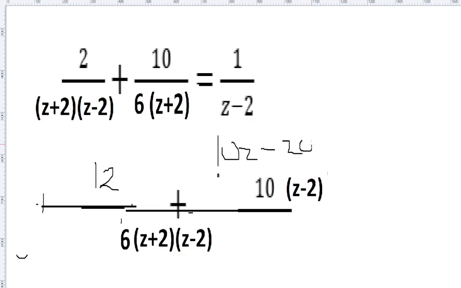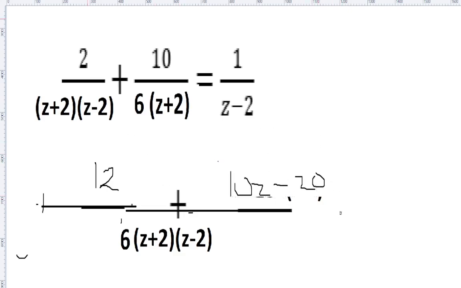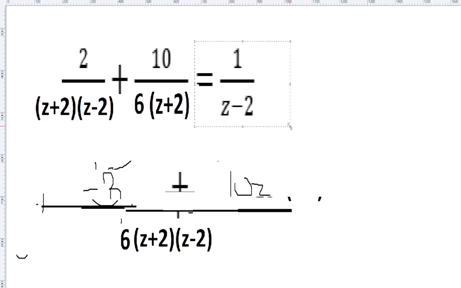We got the same thing we got with cross multiplying, but in my opinion, a lot faster. So the top is 12 minus 20. I still get minus 8 plus 10Z on the top. Note that this plus is now essentially at the top of the fraction, not at the bottom. So I get minus 8 plus 10Z is equal to that.